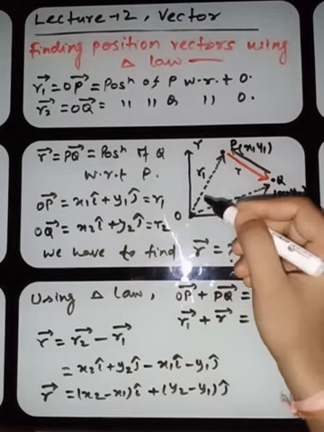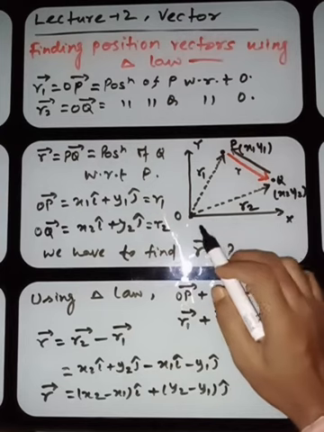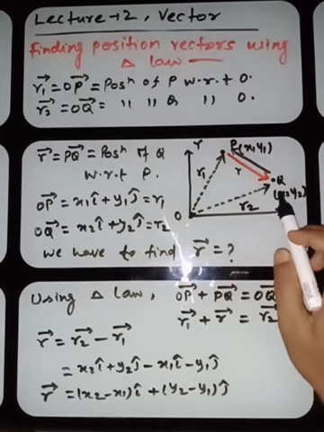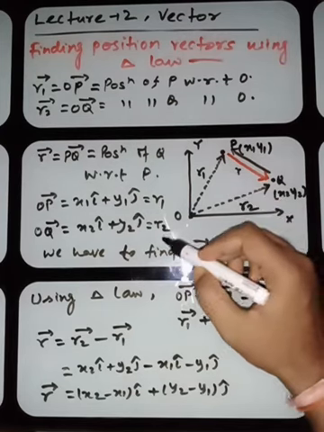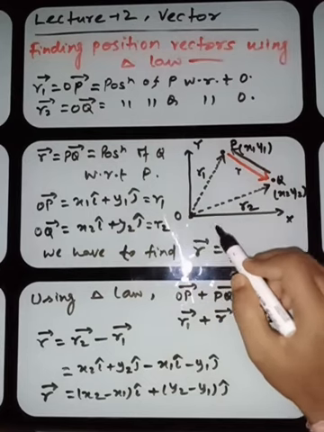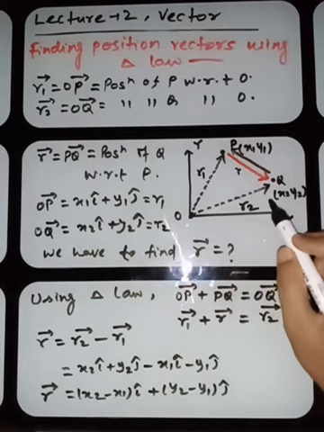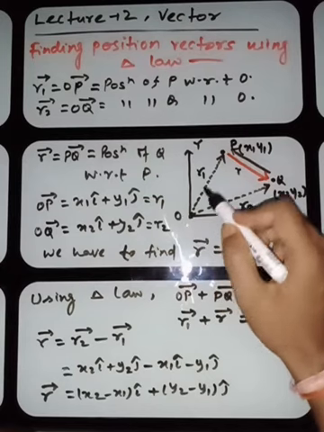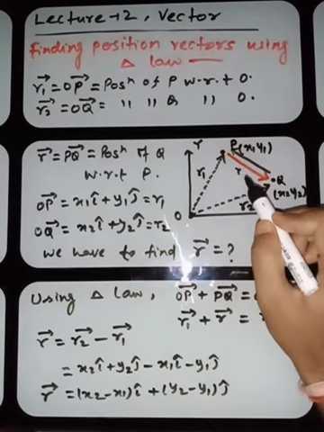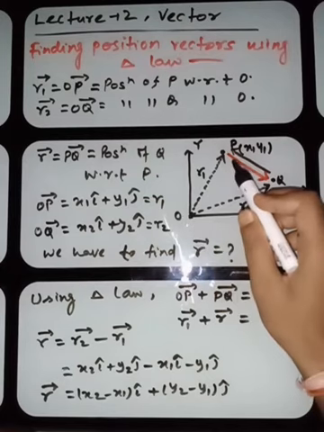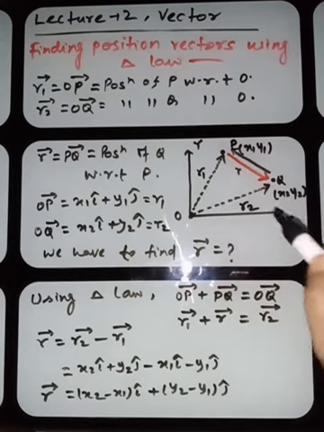You will again apply the triangle law and write OQ plus QP is equal to OP. It means R2 plus R is equal to R1, so R is R1 minus R2.